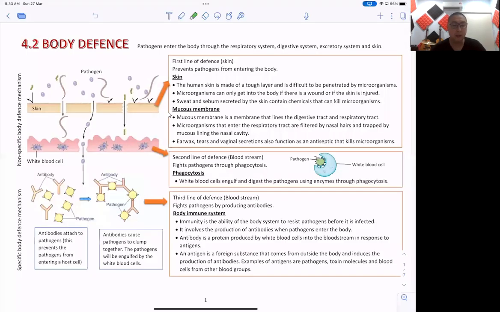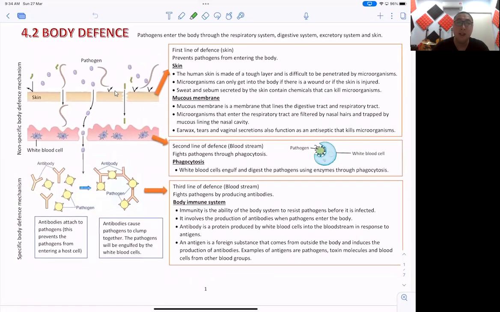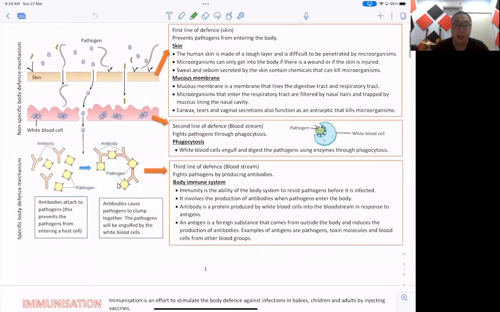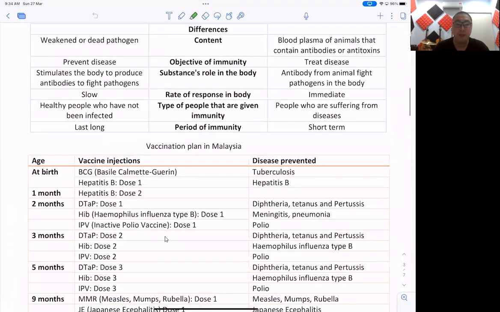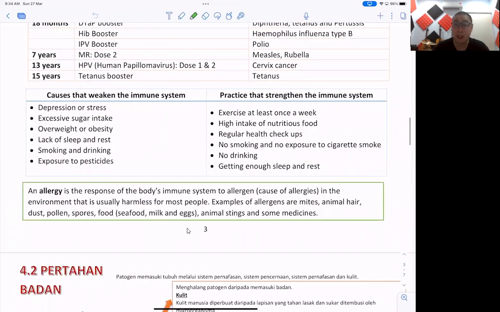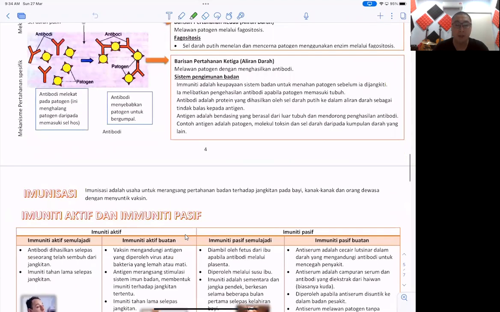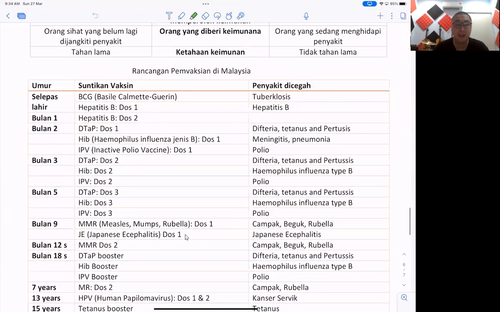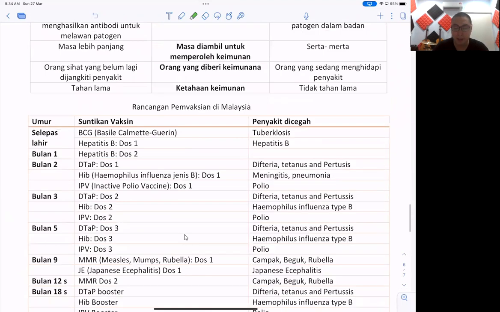Let me show you this. I believe you will have a brochure with you right now. You will notice it started off with page 1, body defense, and from page 1 to page 3, the notes are in English, while for page 4 until page 6, you will see it's the exact same notes, but in BM.